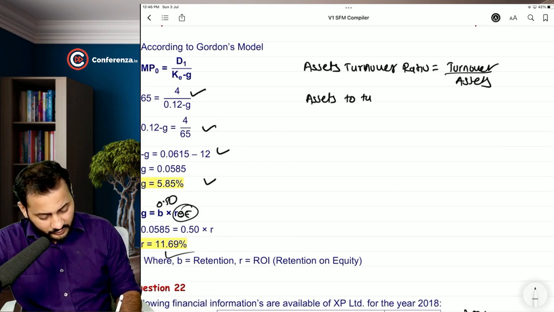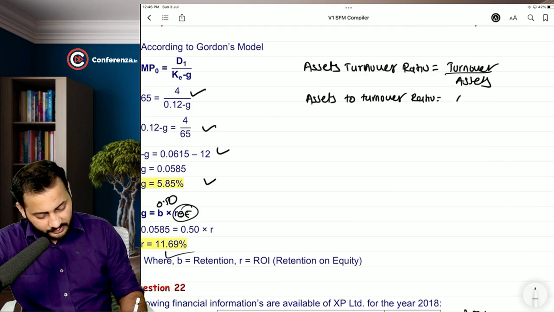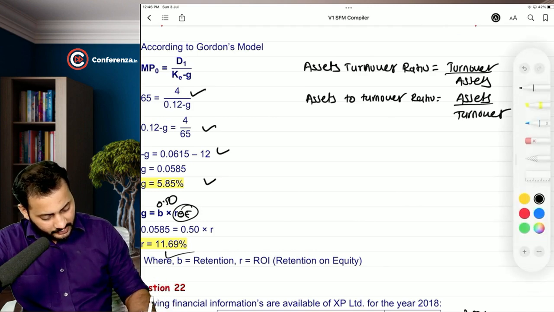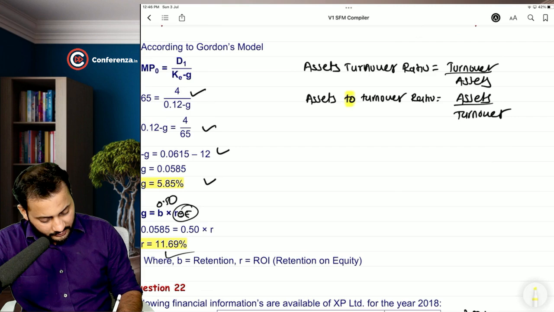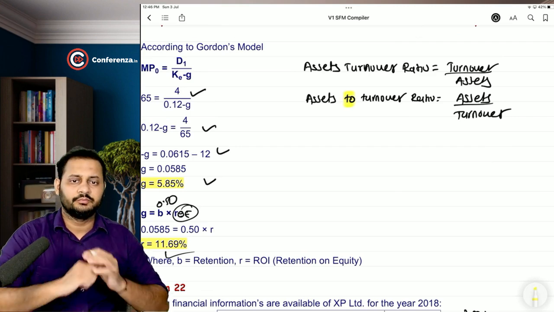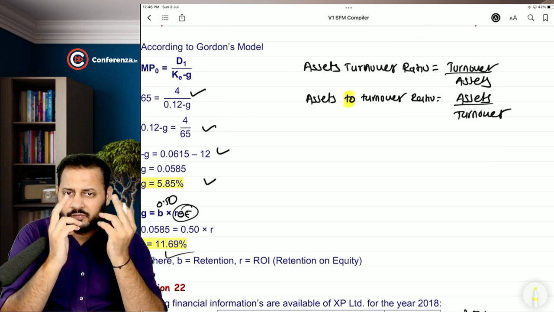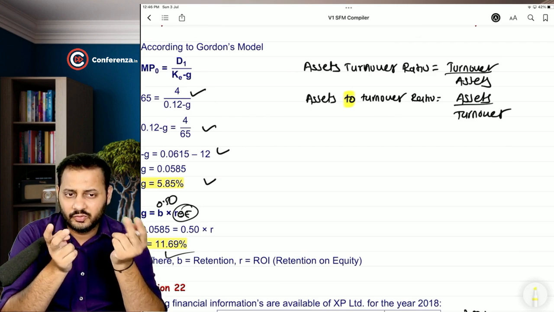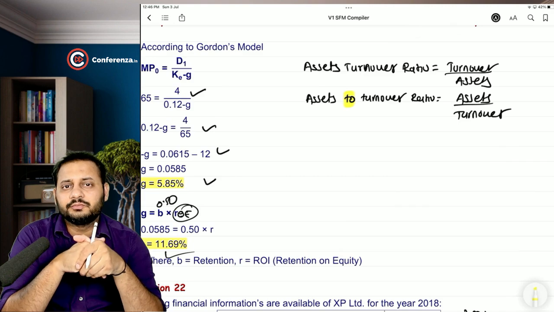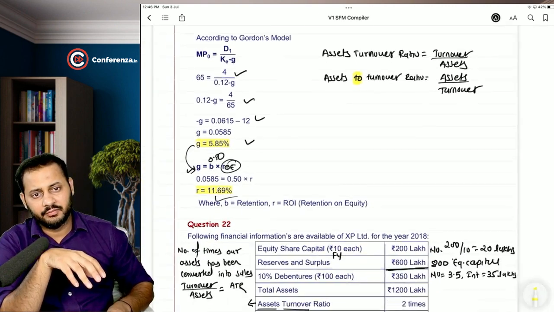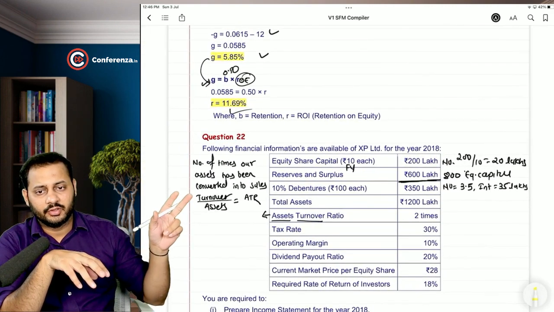Assets to turnover ratio will be assets divided by turnover. Write it down and mark this particular word. Just because I added the word "to" in between the two words, assets and turnover, the formula has changed. In this part, it will be asset turnover, turnover divided by assets.